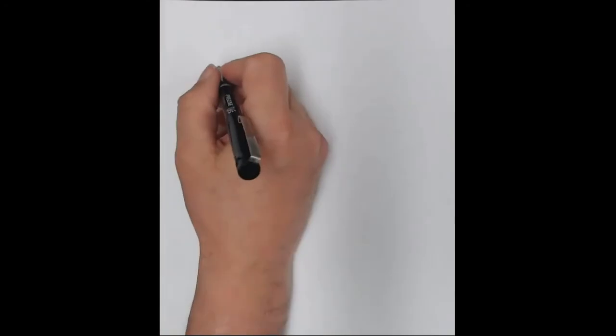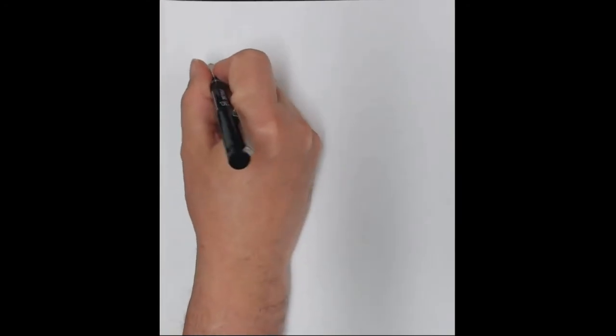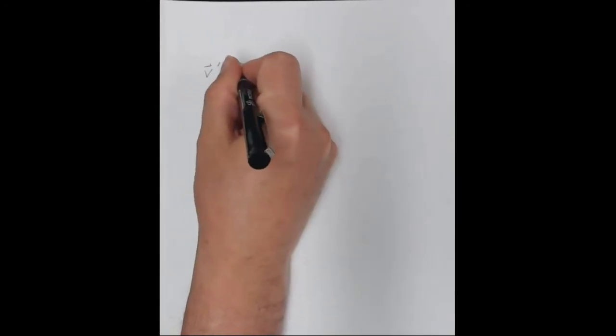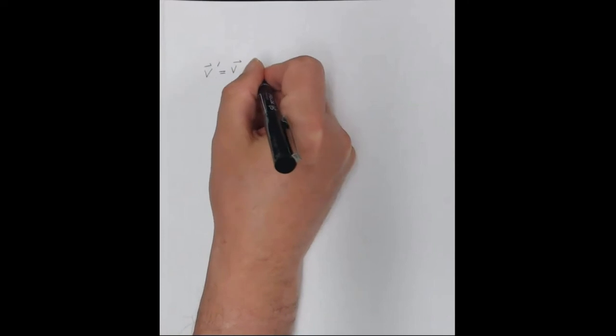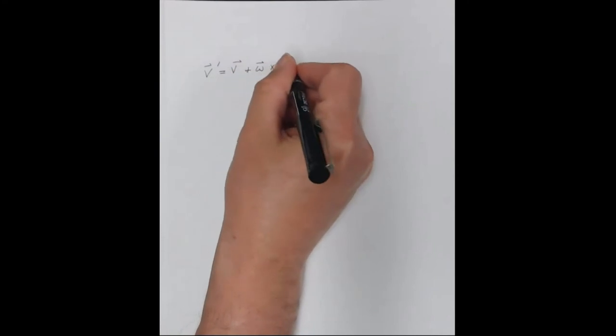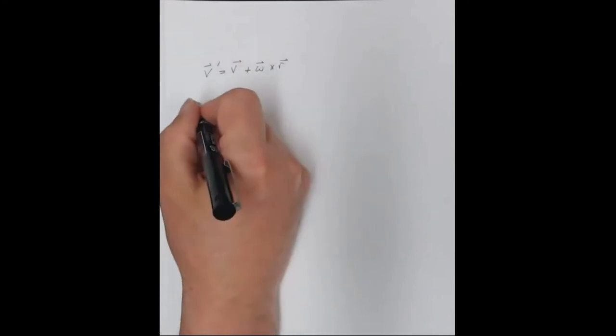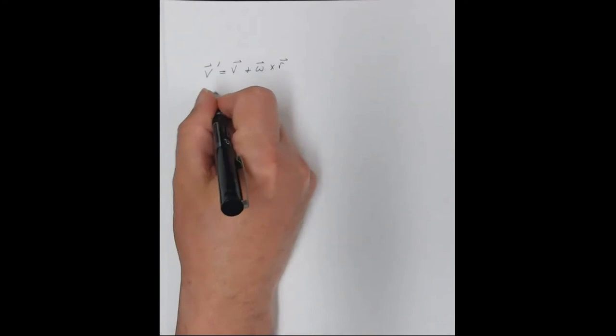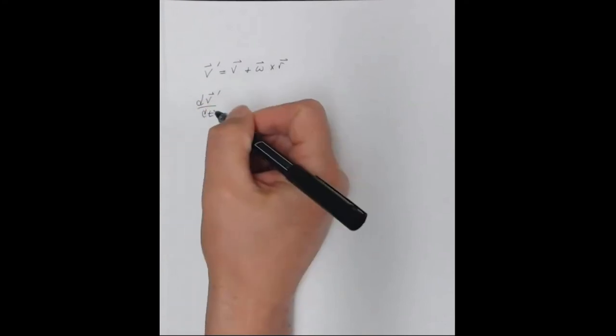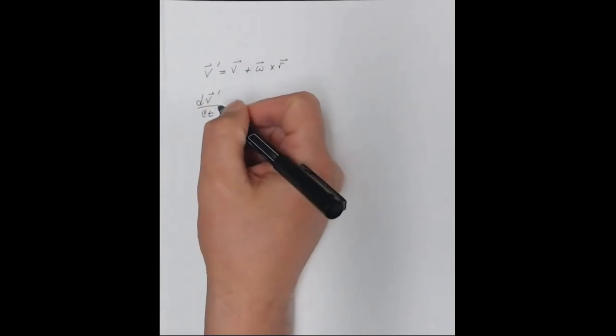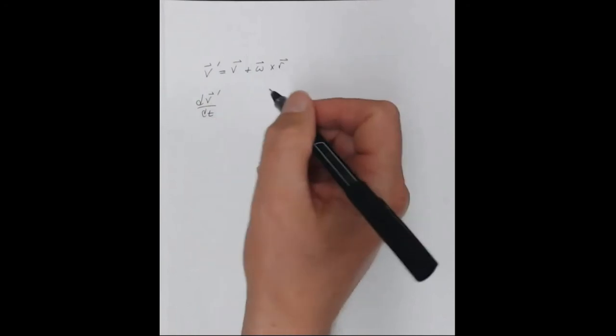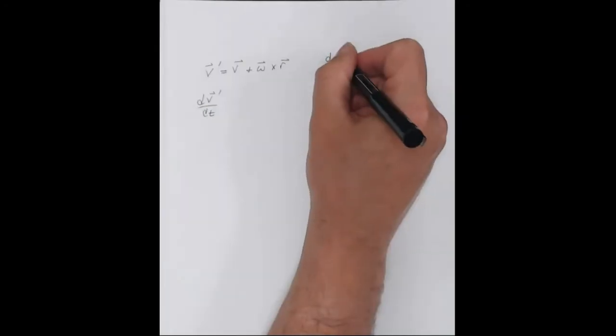Okay, so we have the velocity seen from the fixed frame as the velocity seen from the rotating frame plus omega cross r. I want to find the acceleration now, so I'm going to look at this. And remember we have this now too.